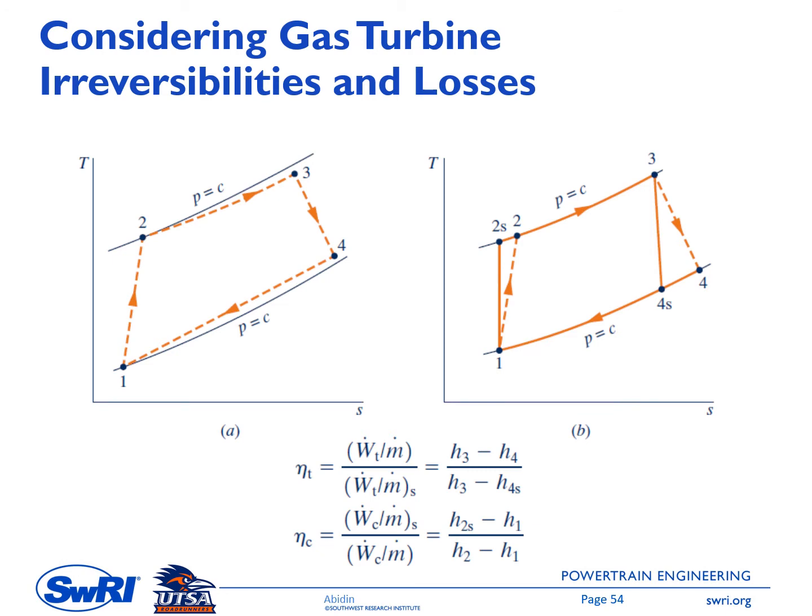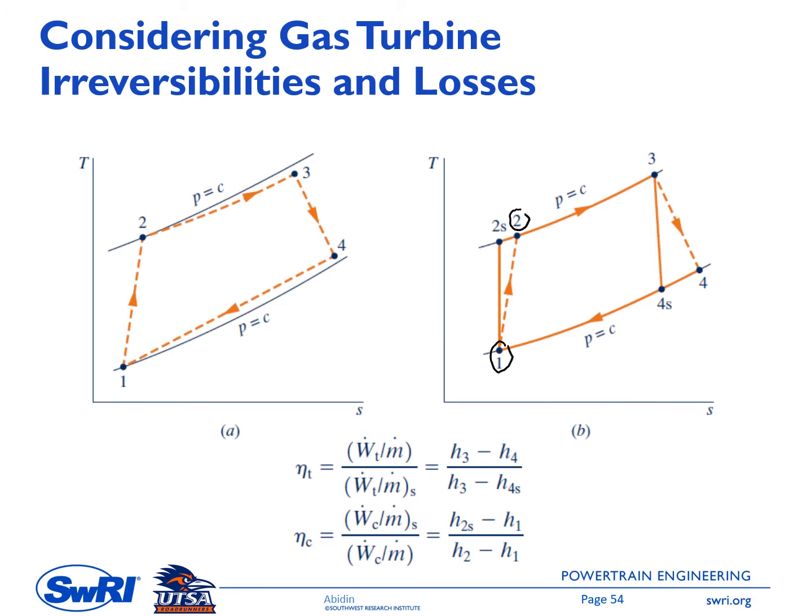In the TS diagram here, for the actual process inside the compressor, you will have a dash line connecting point 1 to point 2. You can see there that S2 is higher than S1. But if it is an isentropic process, you will have a solid line connecting point 1 to point 2S. So S2S equals S1.